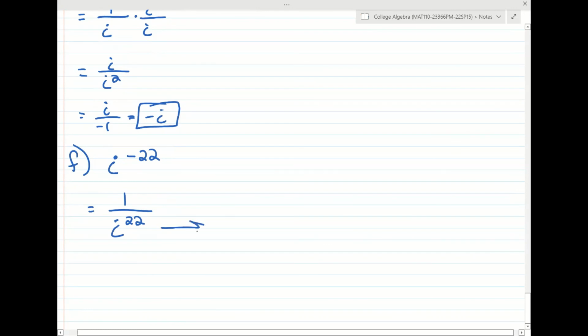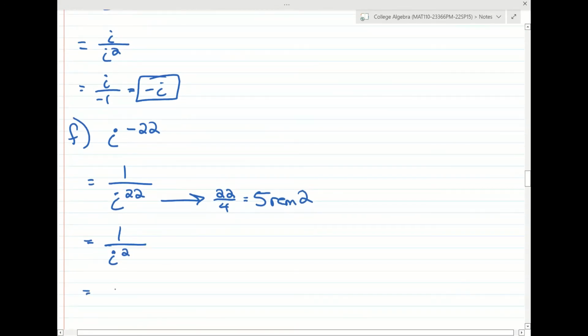In order to simplify the denominator, we have to do 22 divided by 4, which is 5. We write this 1 over i to the 2nd, which is just 1 over negative 1, or negative 1 is our answer.